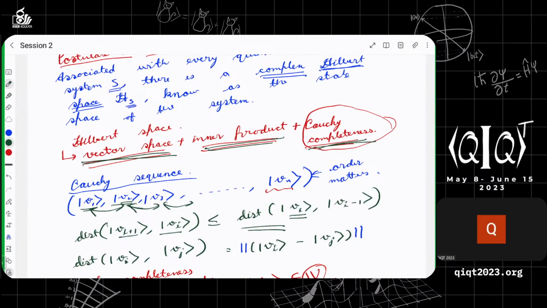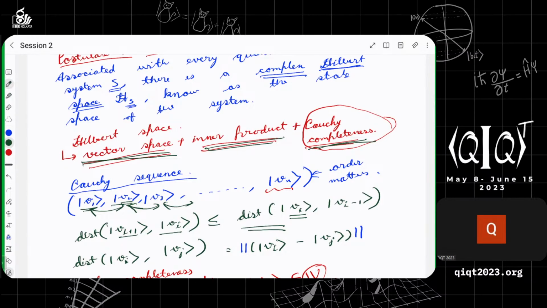Since all the states are residing in the Hilbert space, that's why it's quite important. Now, if you're asking why we are sticking with Hilbert space, we could have defined some other kinds of space.